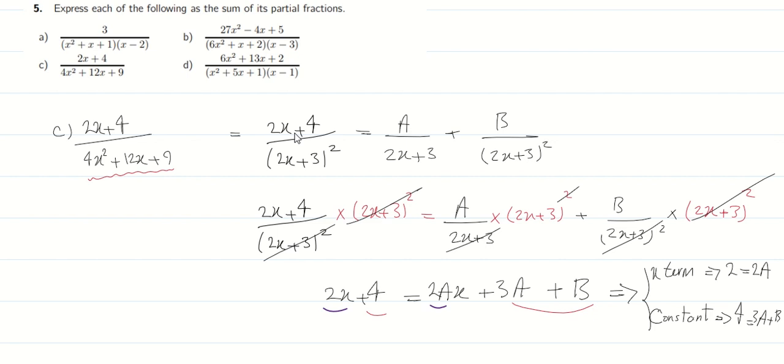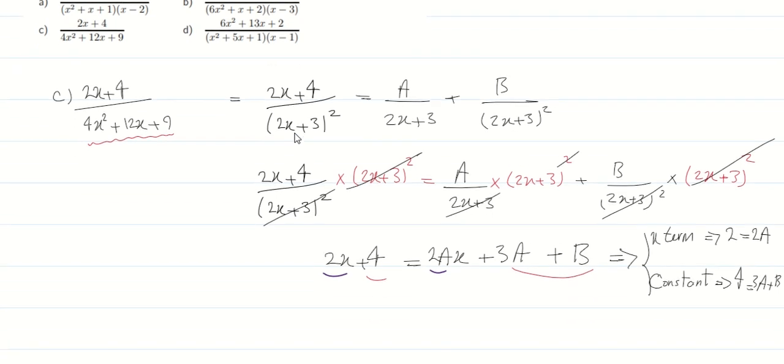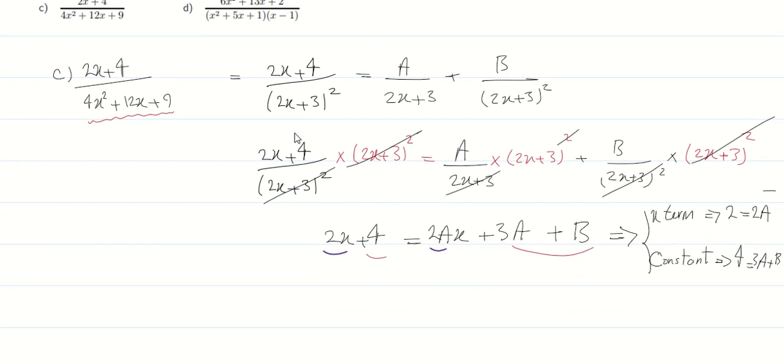Now, if you look at equation number 1, which is the first equation, and equation number 2, from the first equation, we can see that our a value would be equal to 1 because 2 is equal to 2a. Now, if you substitute the a value into the second equation, we can say that 4 is equal to 3 times a plus b, so our b value would be equal to 1 as well.